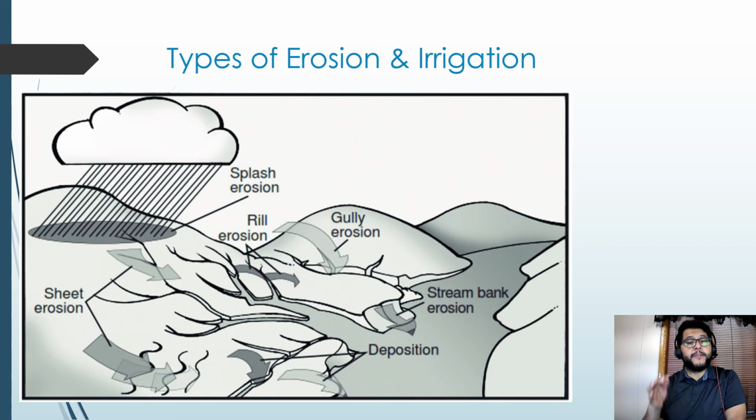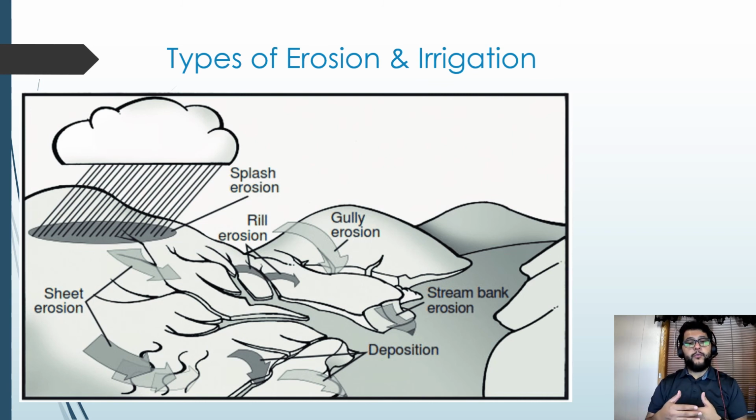Okay, so here's some different types of erosions. You can have splash erosion, where the water splashes down, so that can happen from rain. And then you have the different types. You can have sheet erosion, where that's literally where the top layer can end up flowing there, and it will just wash that whole layer off. Okay? And then you can have rill erosion, where these little tiny cracks and crevices form in the soil, and that can get even worse with gully erosion.